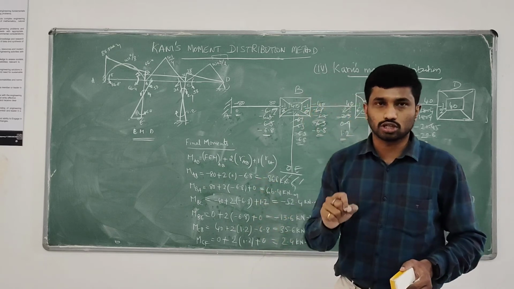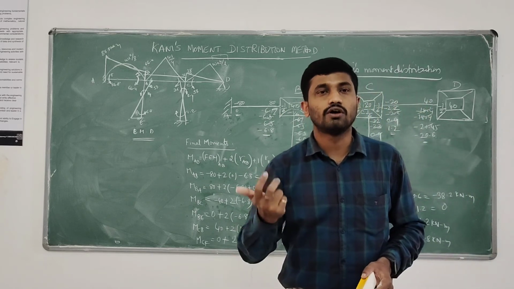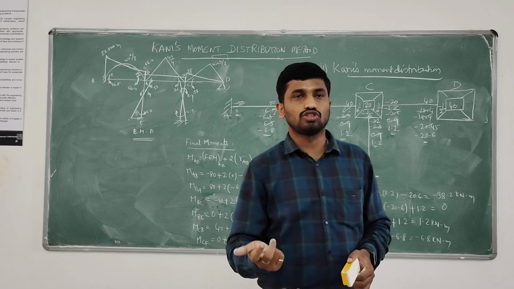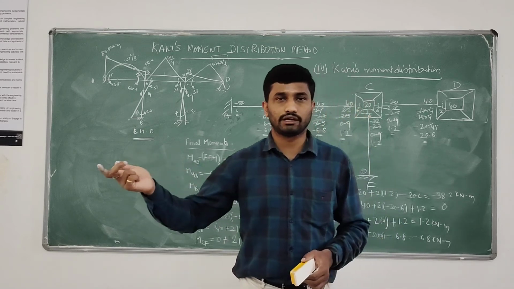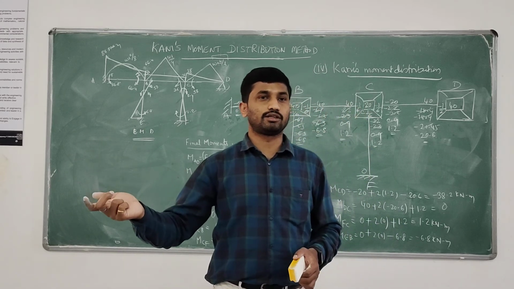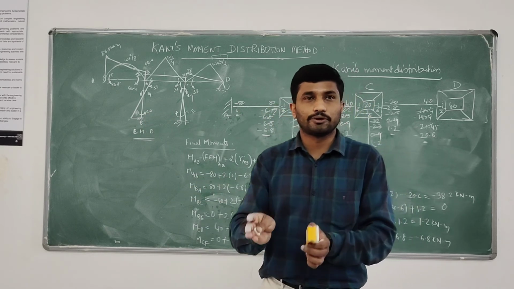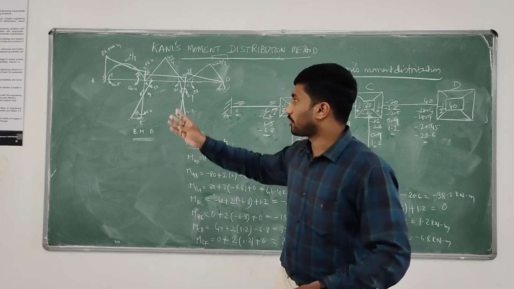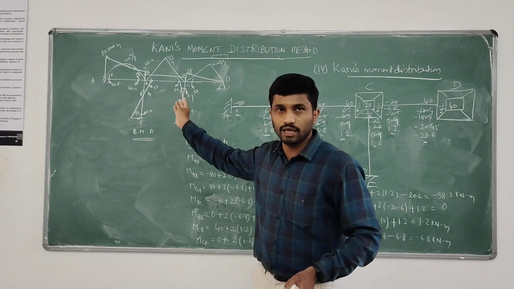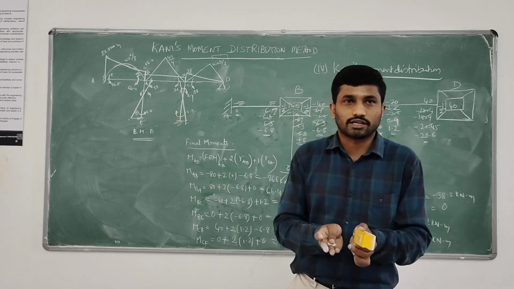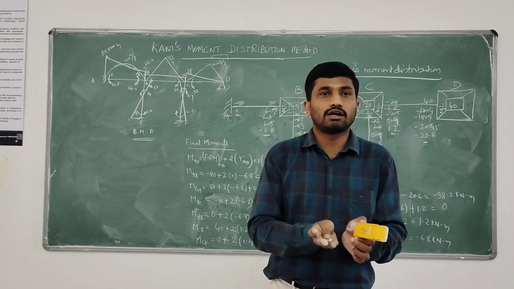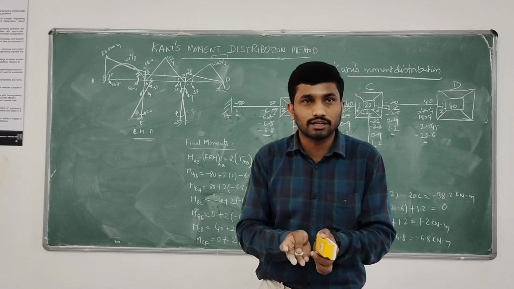Once we computed the rotation factor, the next step is to move on to FEM. The general procedure we adopted is whatever we followed in the SD method and MD method. In a similar way, we assume each member to be fixed and compute the fixed end moments. For example, for member AB we computed using a standard equation, MAB bar or MBA bar equals minus WL square by 12.